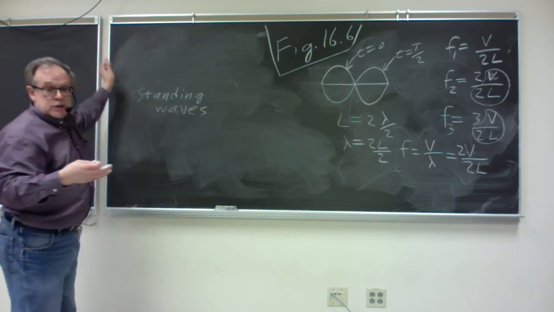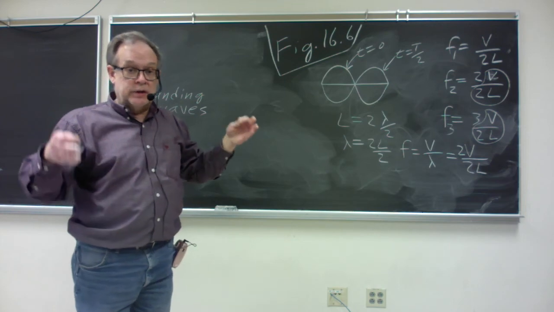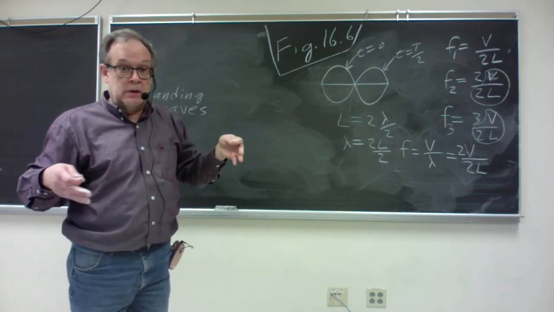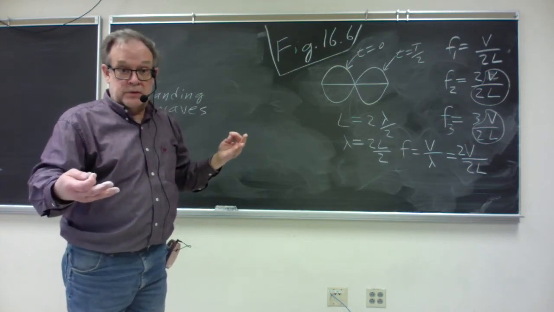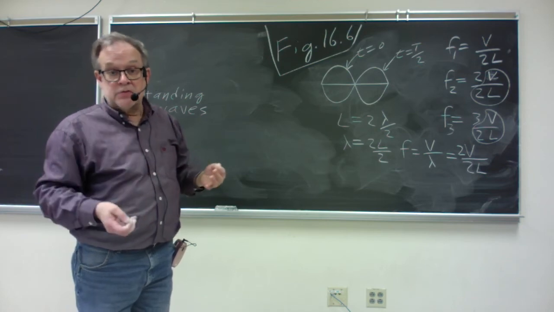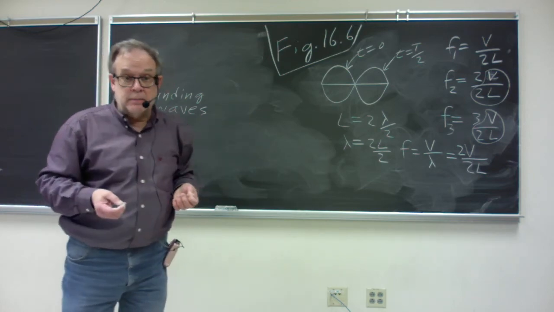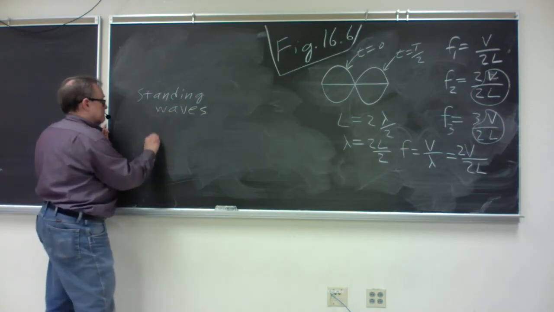in this particular system, for the string that's tied down at both ends, there'll be different rules for standing waves for different kinds of systems, but this is the simplest one to think about. The rule is simply this.